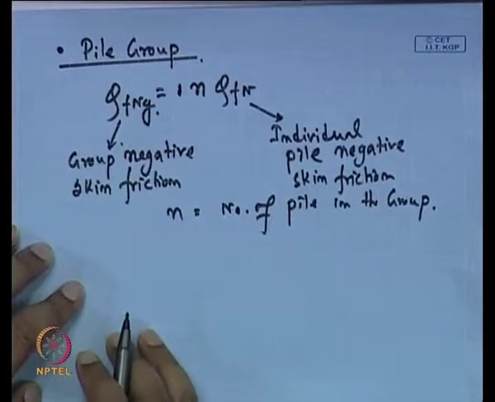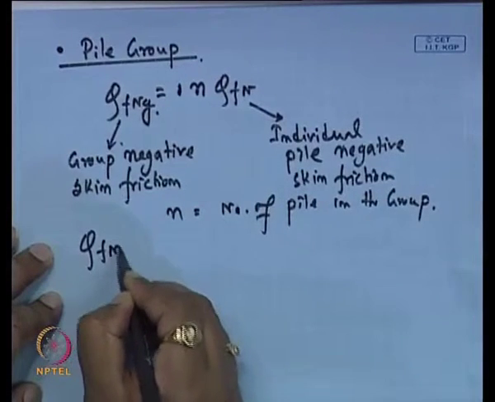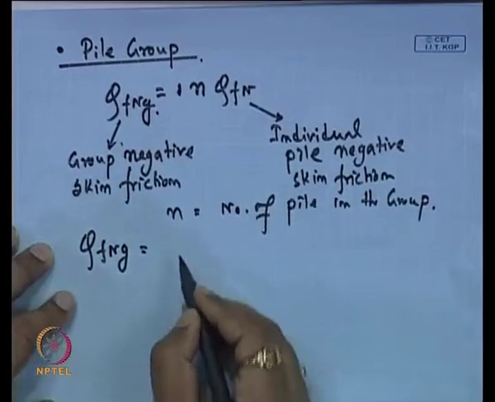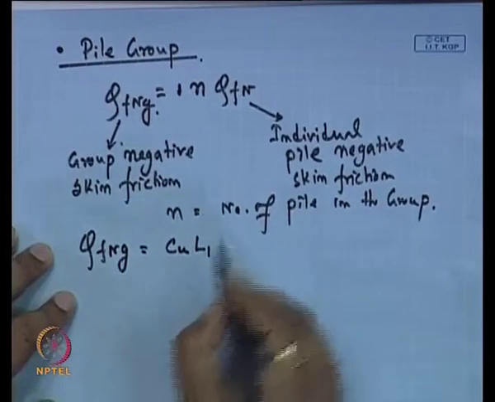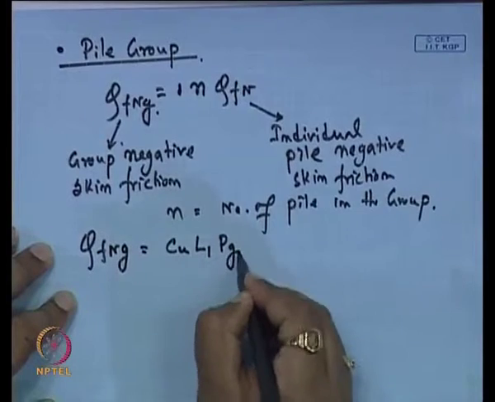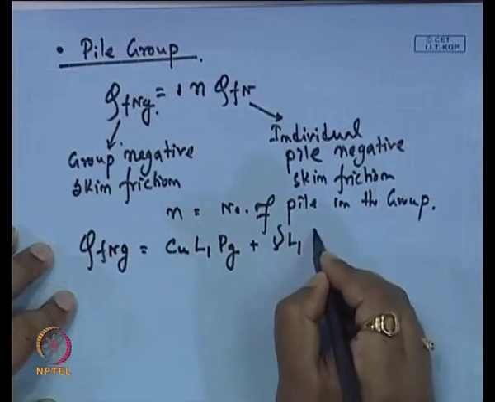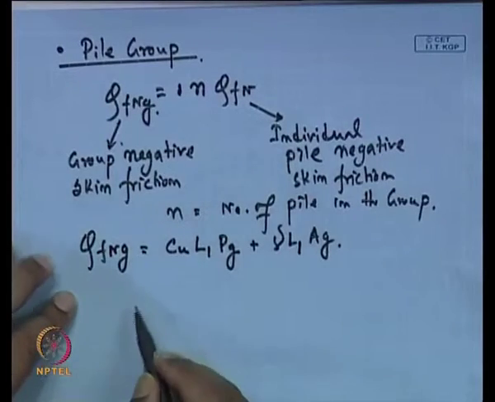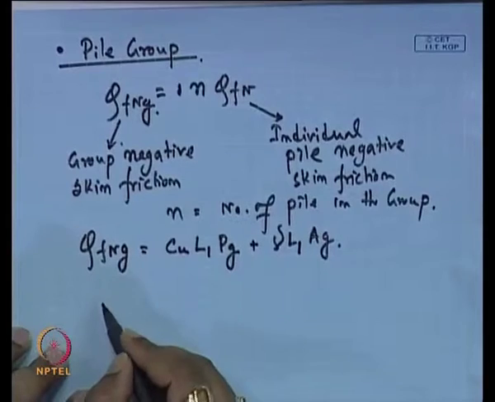So, same as this, we can calculate the group negative skin friction. This is the Cu L1 into Pg of the group plus L1 into Ag. So, this is Cu for the Arnden coefficient.